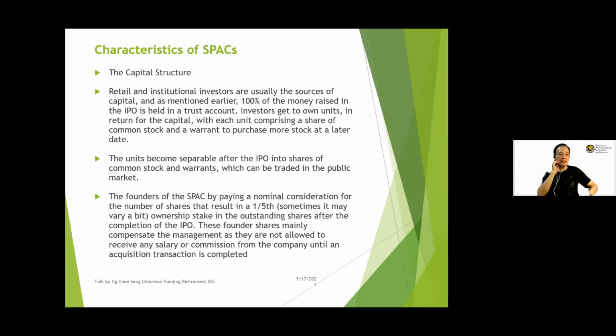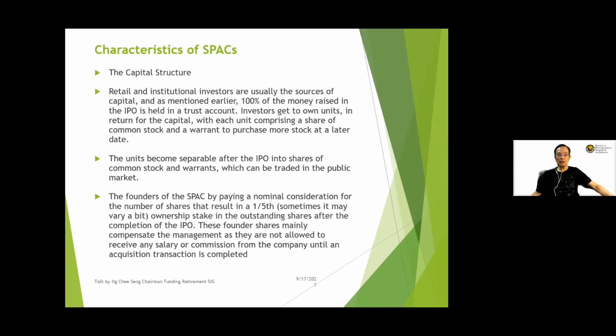So what are the characteristics of a SPAC? The capital structure. Retail investors as well as institutional investors are usually the sources of funds, as mentioned earlier.